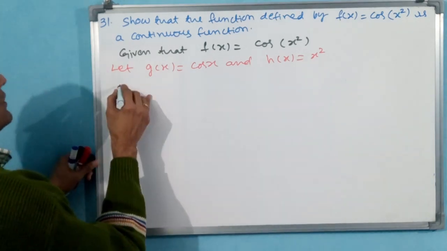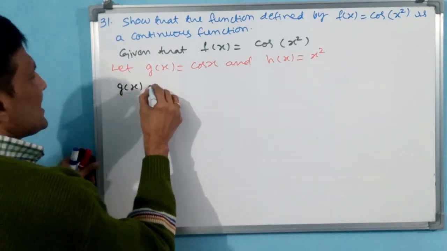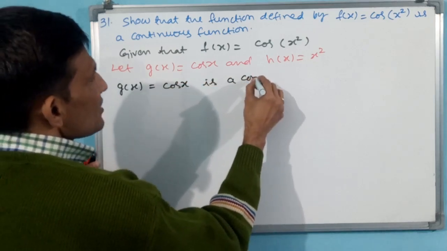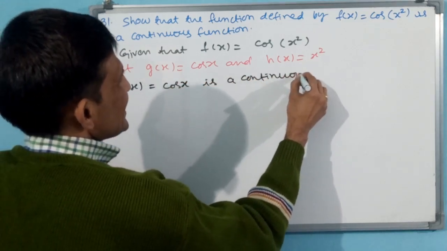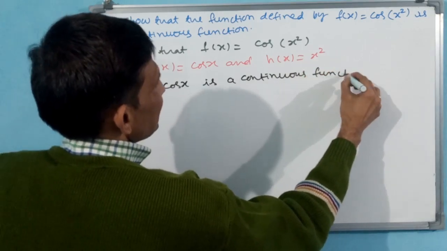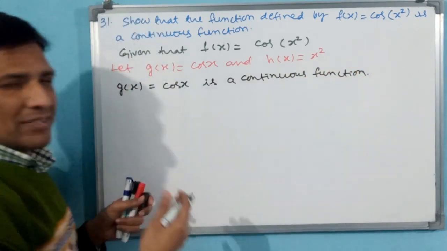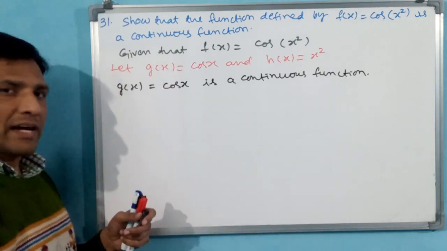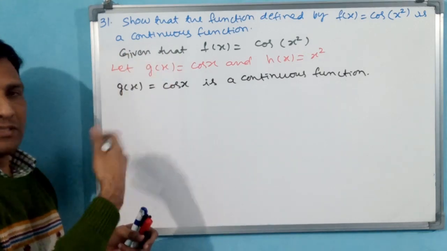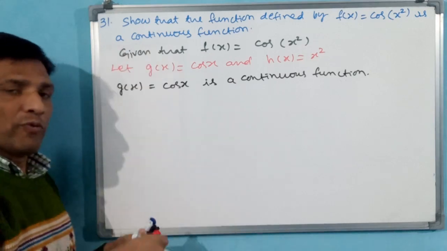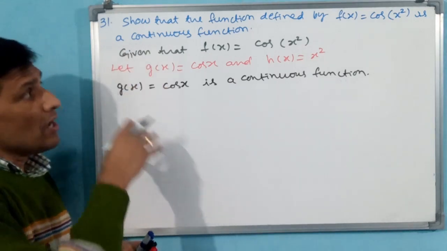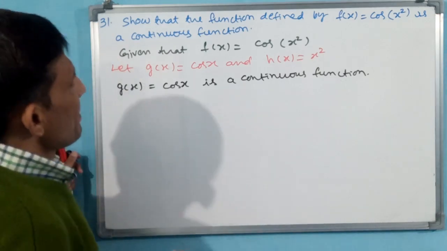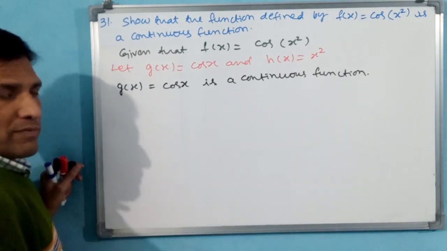Now you write: g of x is equal to cos x is a continuous function. We have written it directly because we don't think this is for higher marks. I have already told the continuity of cos x in the last questions. If you want, you can repeat that procedure, but only for more marks; otherwise you need not repeat it. g of x is a continuous function.